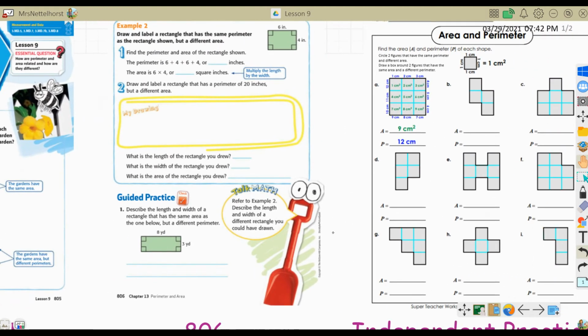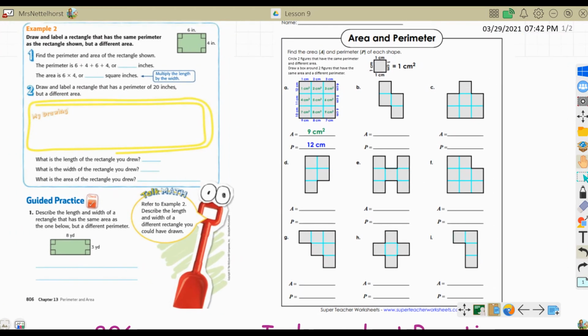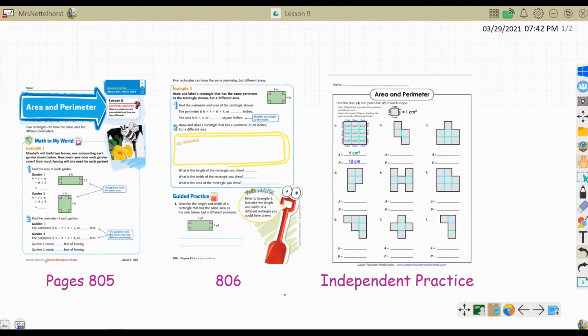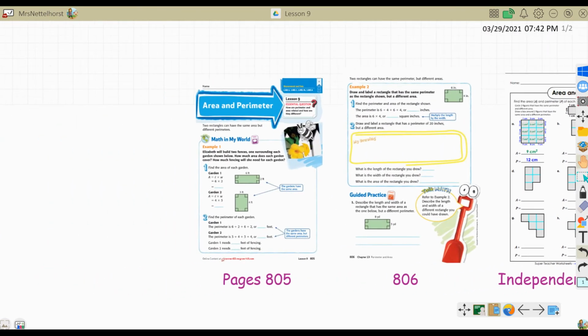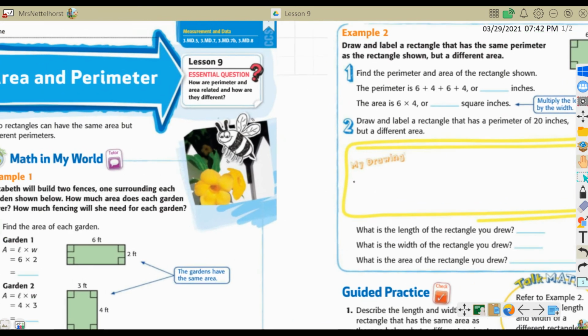And then we're going to do this independent practice page, and I added some directions to it, so you'll have to listen carefully. If you're not in my class, you're probably not getting this page, so you can just stop once we get to the end of page 806. My class is doing an independent practice worksheet. Okay, let's get rolling.